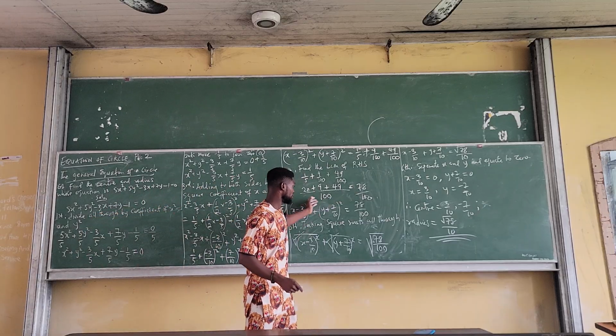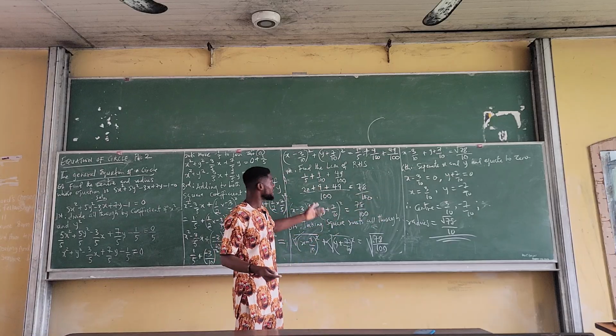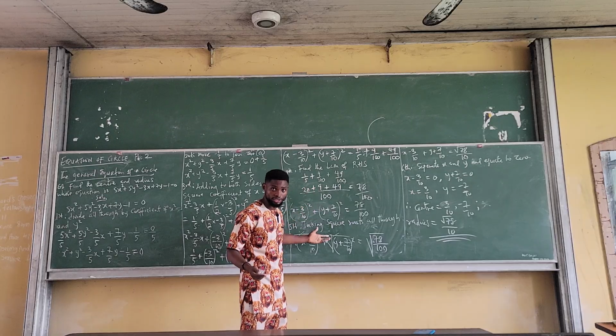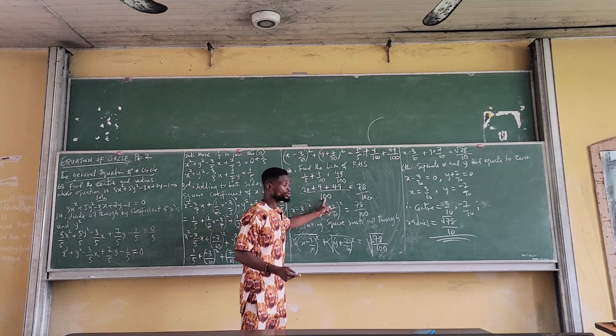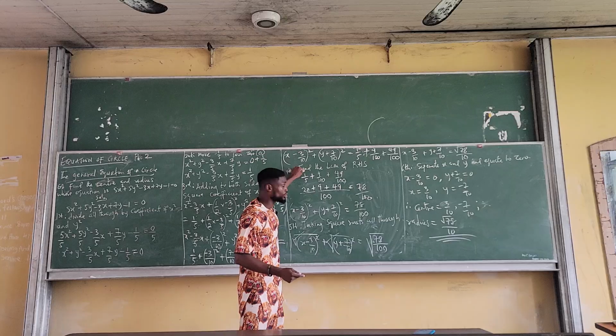Then at the end, you look for the LCM. The easier way is that 5 can divide 100, and 100 can divide 100. So you look for a number that they can all divide, and that number is 100. So 100 divided by 5 gives us 20. 20 will multiply the numerator.